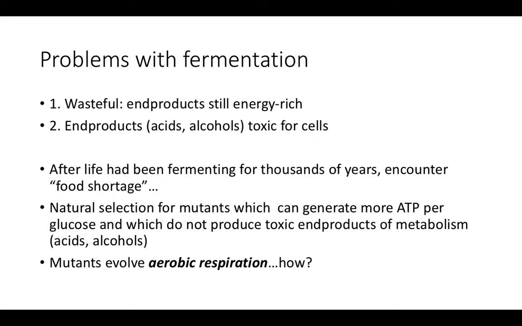So as cells are fermenting along, they're using up their preformed organic molecules, and now we're getting a higher concentration of cells. So there was natural selection for genetic mutants who could make more ATP per glucose, using a process where the end products weren't so toxic, right? So these mutants evolved aerobic respiration, which is just phenomenal, right?